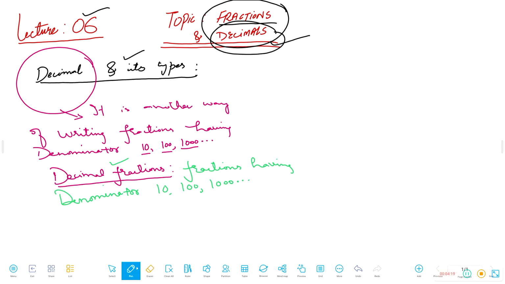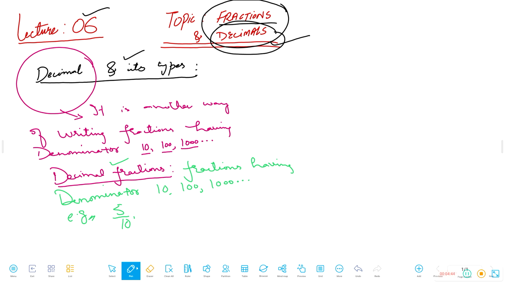Those decimal fractions we can convert into decimal numbers. Now I am giving some examples. I am writing 5 by 10. It is a decimal fractional number. Though it is a proper fraction, since its denominator is 10, we can call it a decimal fraction.